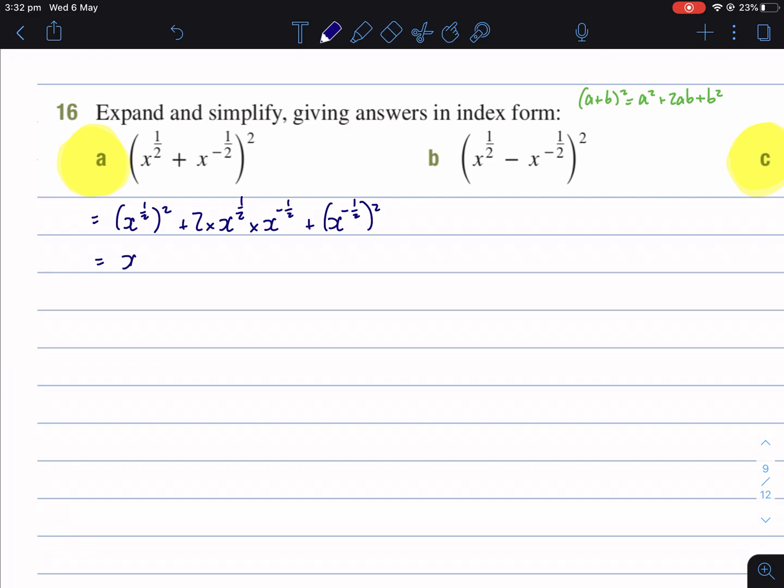So this is x to the half times 2, plus 2x to the half plus negative half, plus x to the negative half times 2, which gives us half times 2, 1, x to the 0, negative 1. So we've got x plus 2 plus x to the negative 1. They've asked for it in index form, so we leave it as x to the negative 1, not 1 on x.